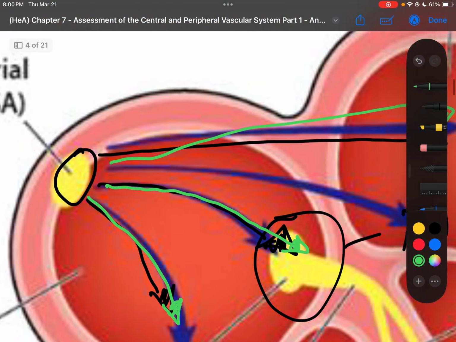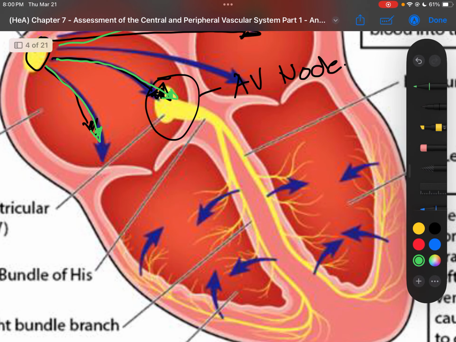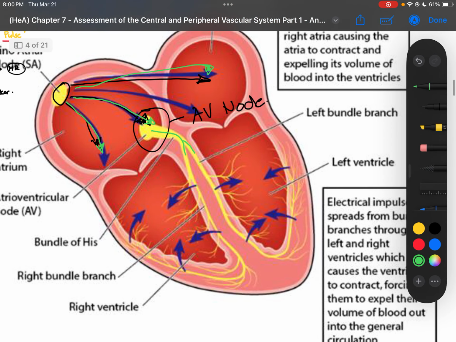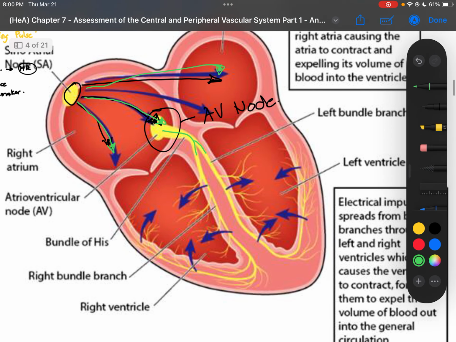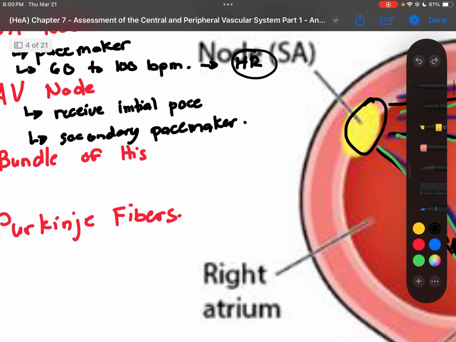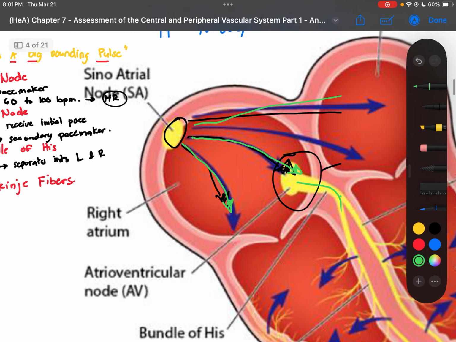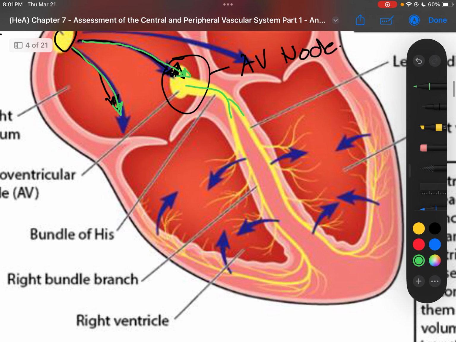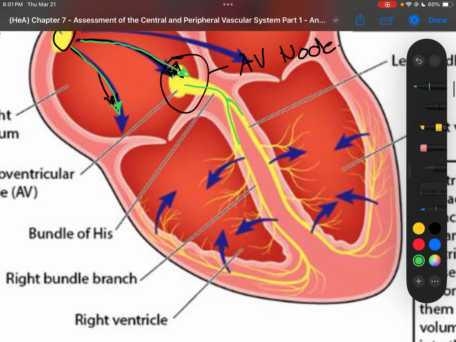The SA node is more important. Next, class, the impulse will then travel after a short delay to the bundle of His. The bundle of His separates into left and right. So when the electrical impulse reaches the bundle of His, it will be separated into left and right.